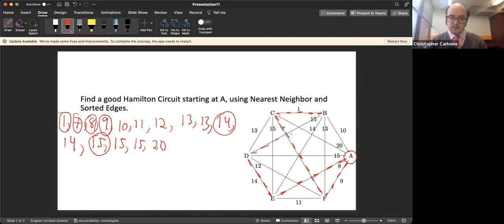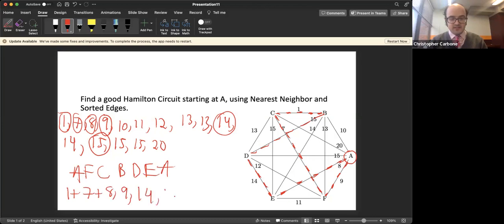So this one. So the circuit that this uses starts at A, we would then go down to F, C, B, D, E, and then back to A. So we would be adding the weights of 1, 7, 8, 9, 14, and 15. Adding those all up gives us a total weight of 54.